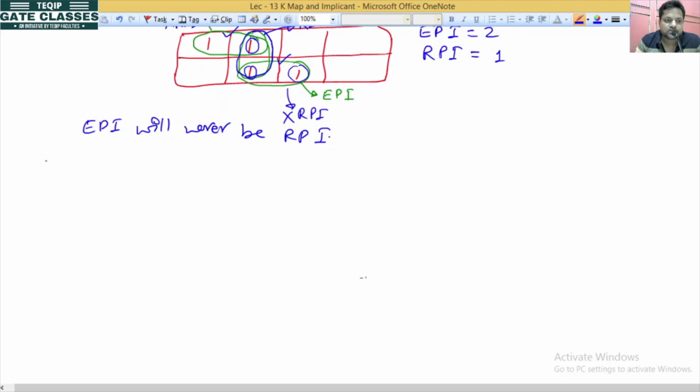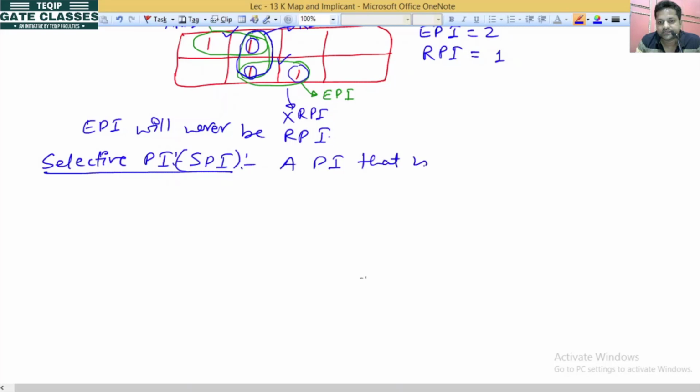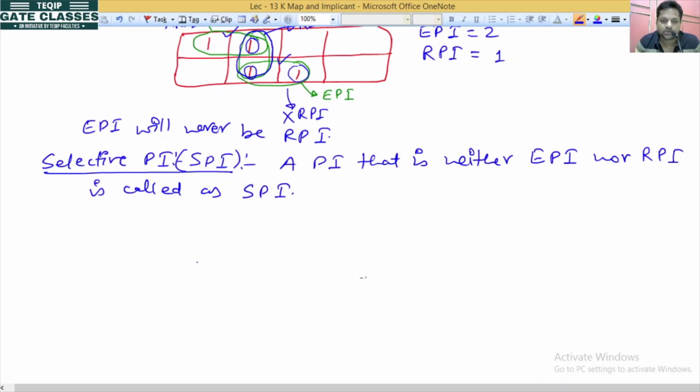Now the next one is the selective PI, SPI. What is this? A PI that is neither EPI nor RPI is called an SPI.